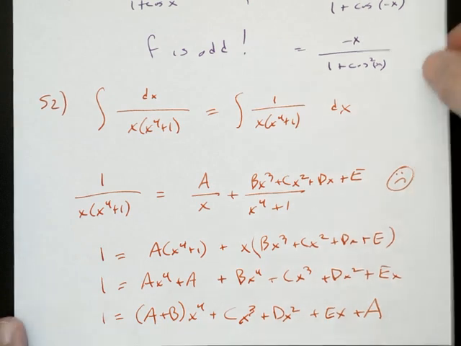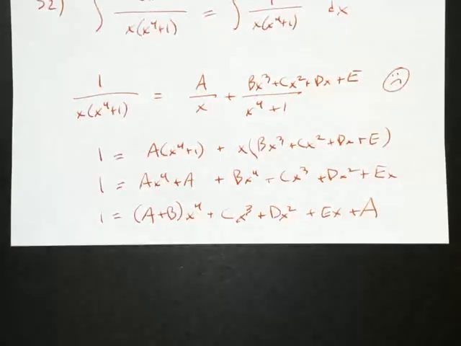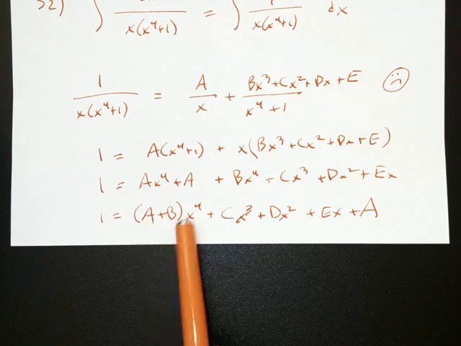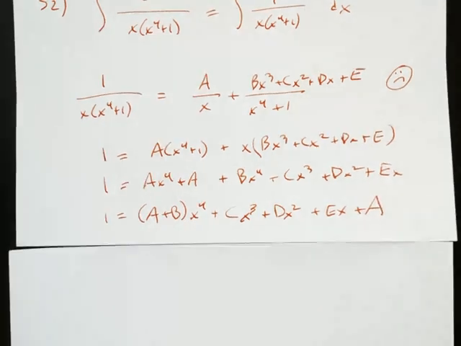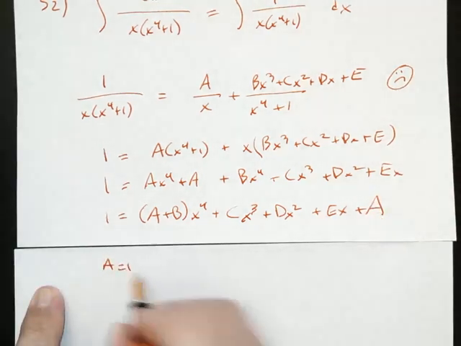What's the value of a? 1. What's the value of b? If I match stuff up, the a on the end matches with the 1, right? A is equal to 1.